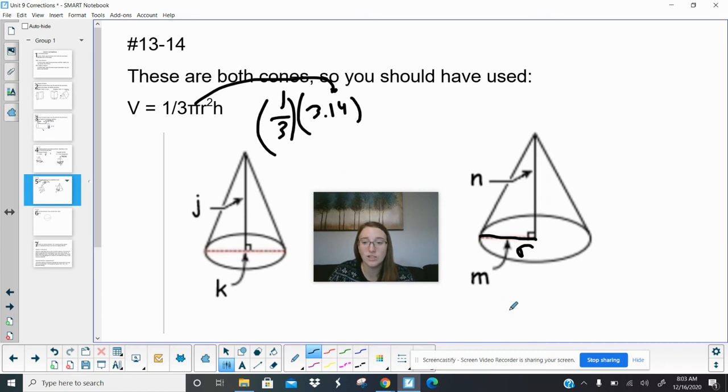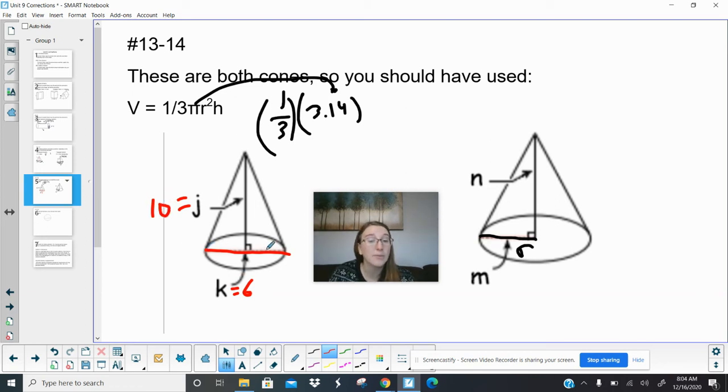So in this question, whatever number they gave you for m, that's the number that would get squared, and then we have the height. However, over here, k is not the radius. K is all of this. So say, for example, if they gave you that k was equal to 6, and I wanted to go plug in, and we'll say j is 10, why not?